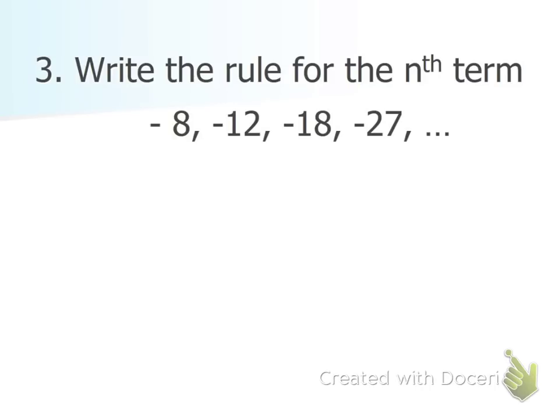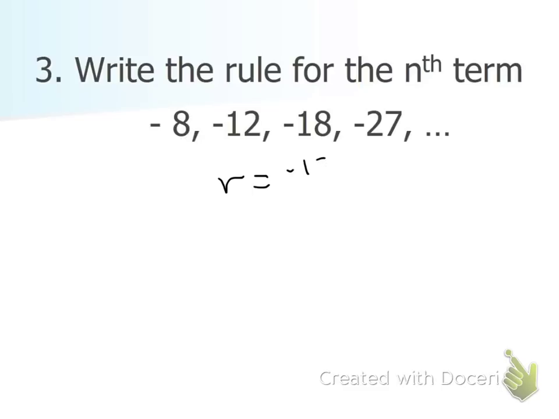So, first thing I'm going to ask you is write the rule for the nth term. Well, the first thing you need to do is, here's our first term. We need to find the ratio. Now, this one's not quite as obvious. All you have to do to find the ratio is take the latter term divided by the previous term.